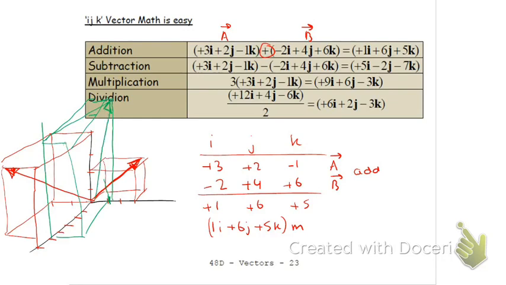That's our answer. That's so cool. It would have been impossible to do the old way. We just add them up with sums. Same goes for that. You just subtract them. You want to multiply them, just multiply them by 3. You want to divide them, divide them. It's a piece of cake.